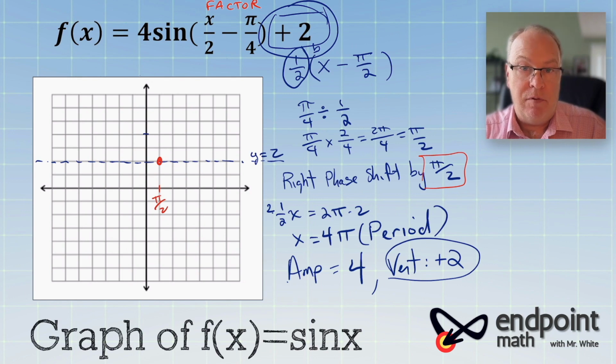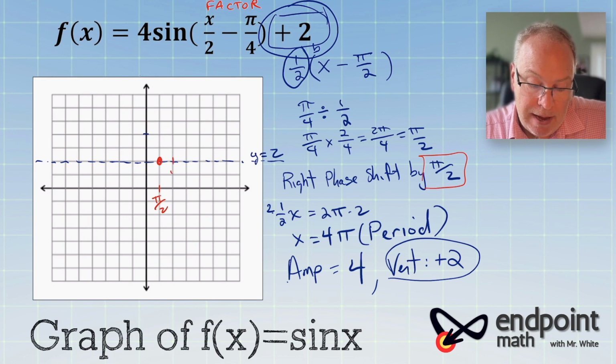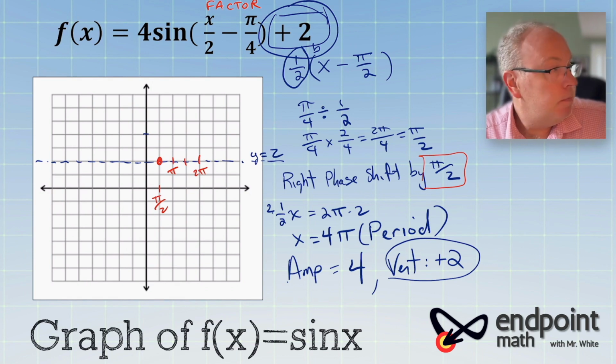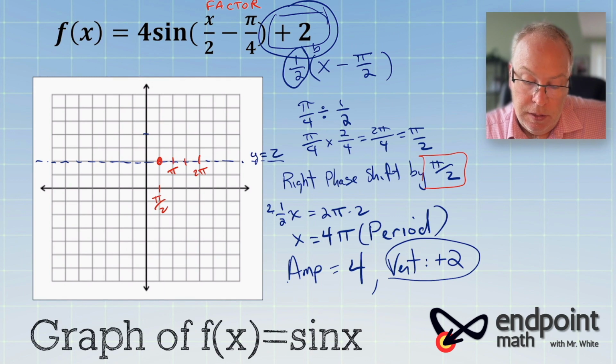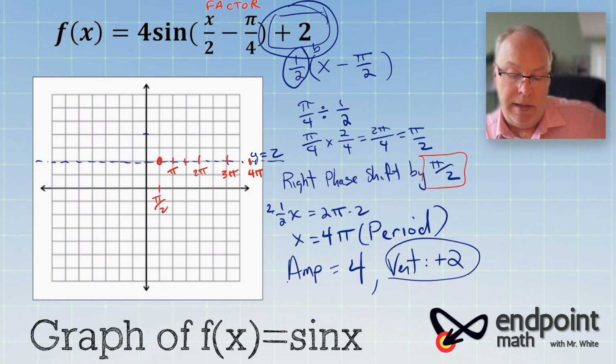Now I need to travel, because remember what the period is? The period is 4 pi. So this would be pi, which means this would be 2 pi. This would be 3 pi, and then over here would be 4 pi, and then one more block would be a little bit further.